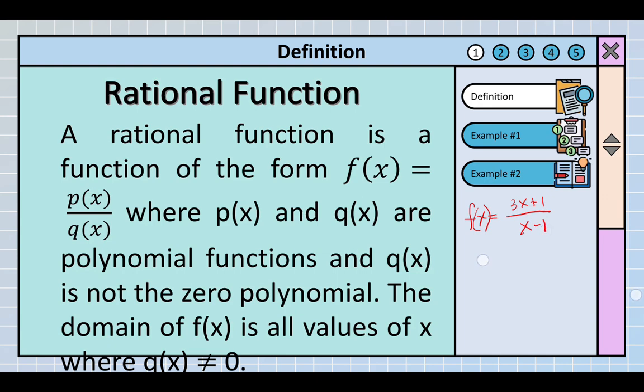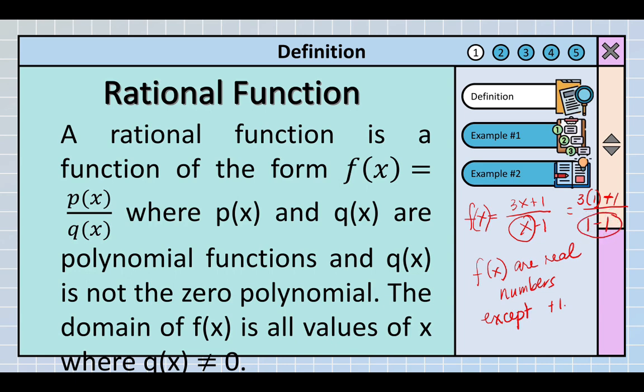1. The values of f of x are all real numbers except positive 1. Why? If we make the value of x positive 1 here, let's try substituting positive 1. That becomes 3 times 1 plus 1 over 1 minus 1.